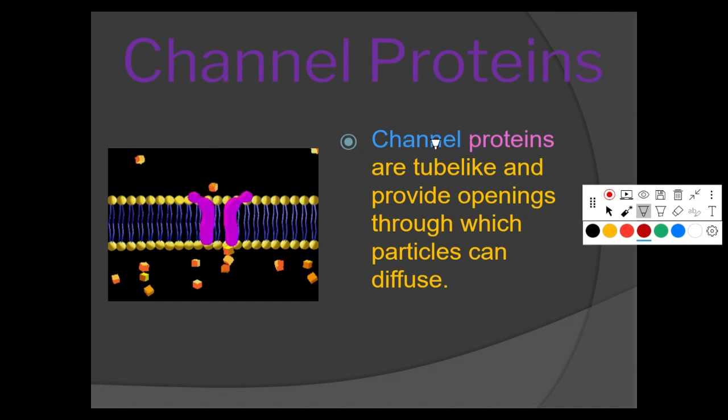And so that's what these channel proteins are. They're tube-like or tunnel-like, and they provide those openings which allow things to diffuse, which remember means to go from high concentration right here to the low concentration right here. There's only one, two, three. So high concentration to low concentration. But again, channel proteins are just like tunnels.